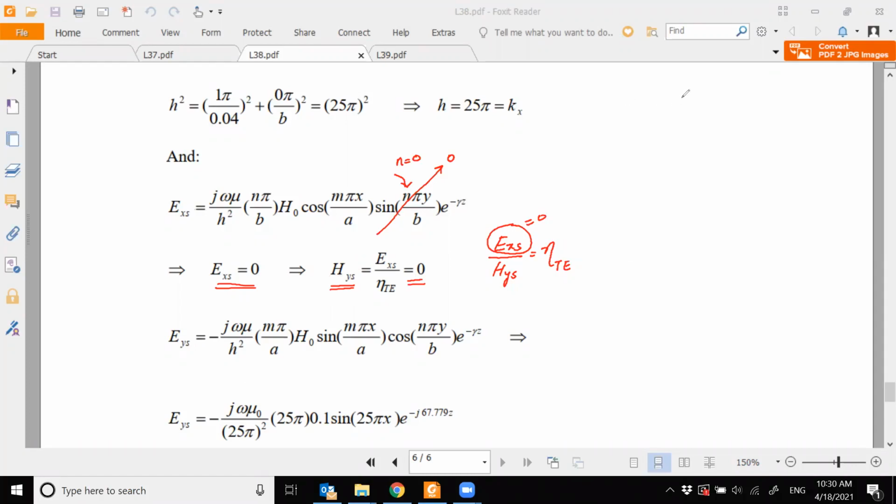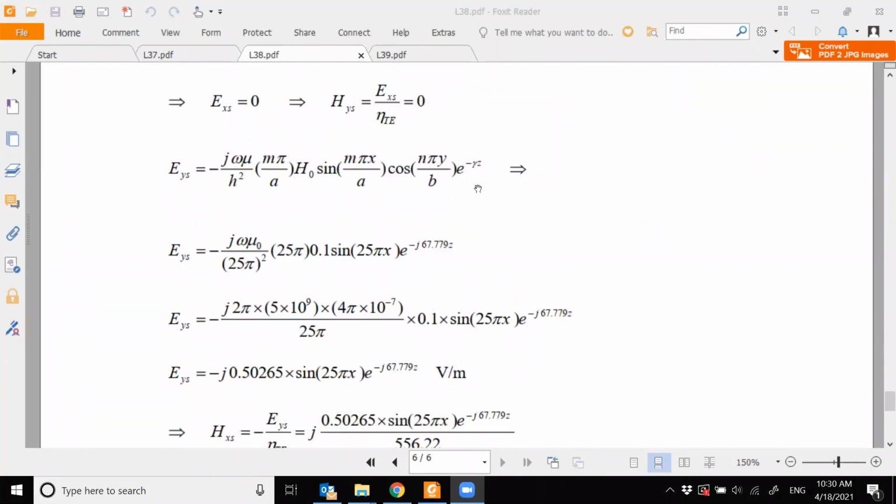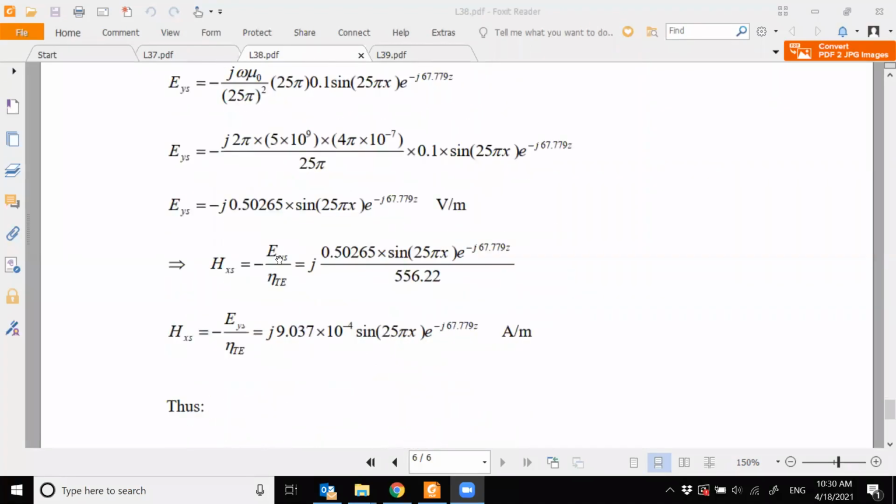Now we need to go and find EYS. So this is the EYS expression. And in this EYS expression, we substitute M, N, h, then k, we substitute all of them and then simplify. So EYS exists. Now, once EYS exists, then its associated magnetic field component exists. Why?